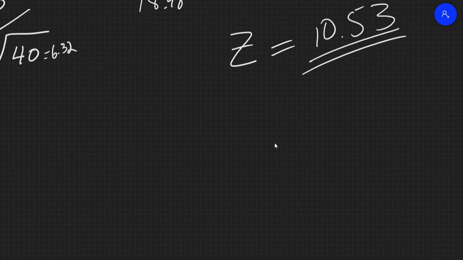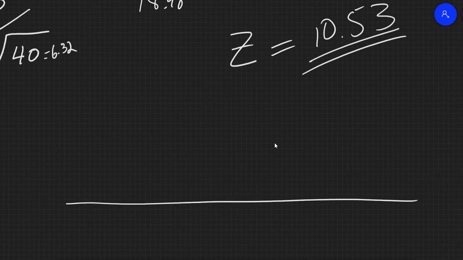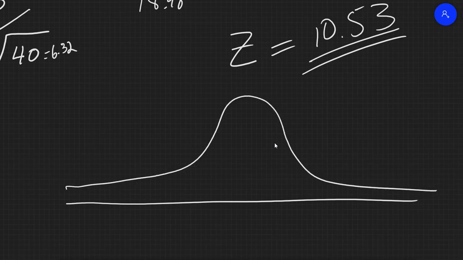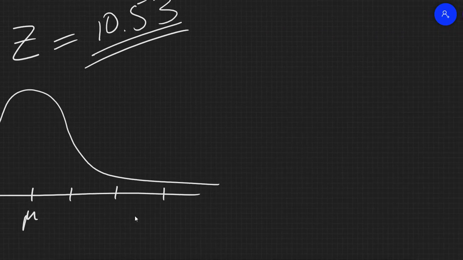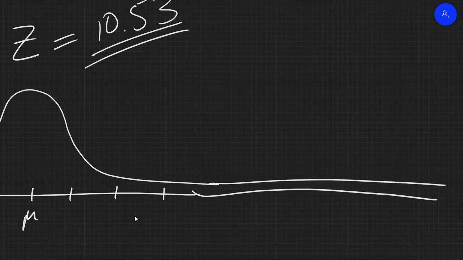Let's go ahead and draw this curve one more time. Curve in the middle. Mu is here, sigma, sigma, sigma. And we know that 10 is over here somewhere, way out.